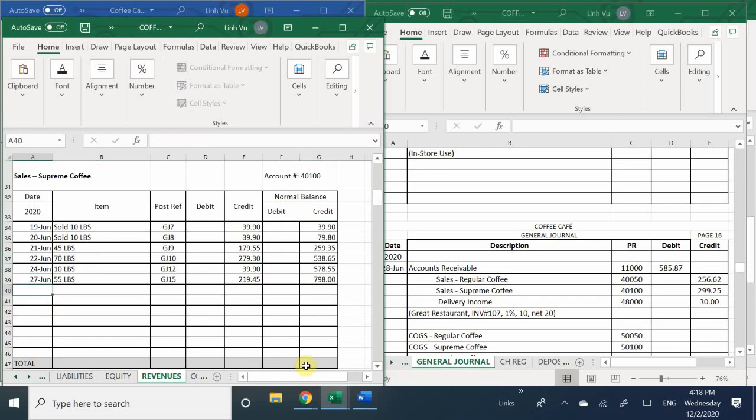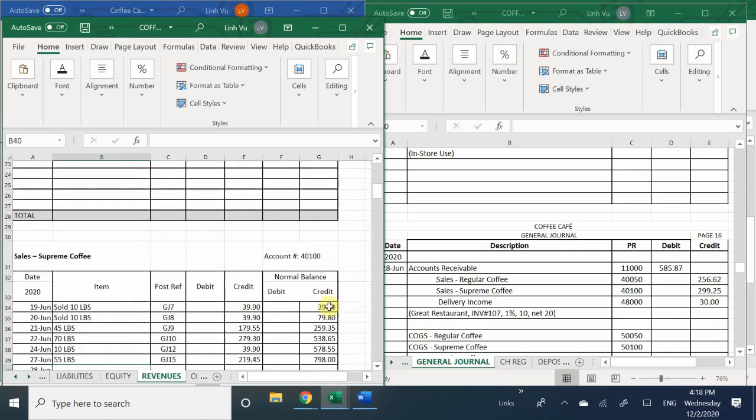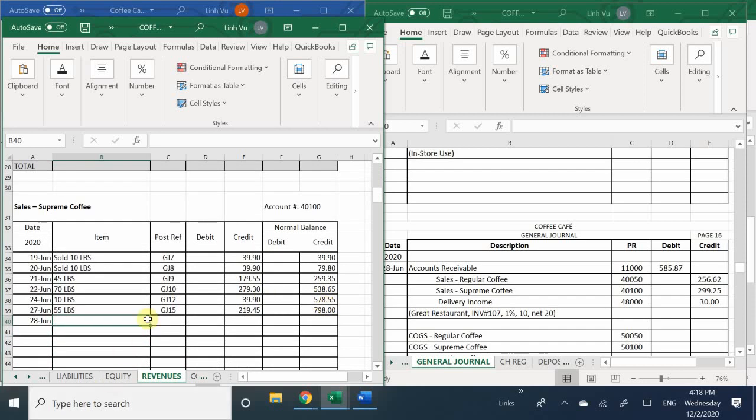Okay, and then we're going to our supreme coffee. Right below it. How many pounds did we? Going too fast. Okay, 75 pounds. Yeah, 75. Okay, so we sold 75. General Journal 16, and that's for the $299.25, bringing that total to $1,097.25.